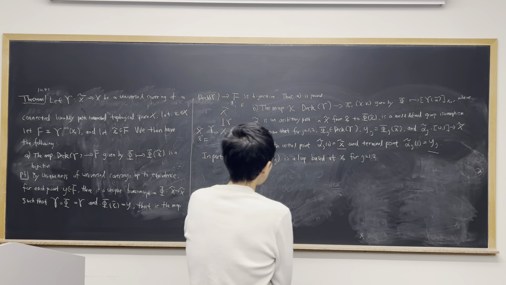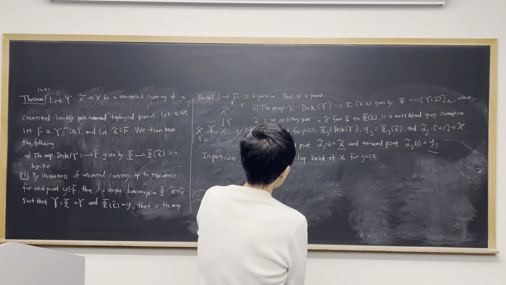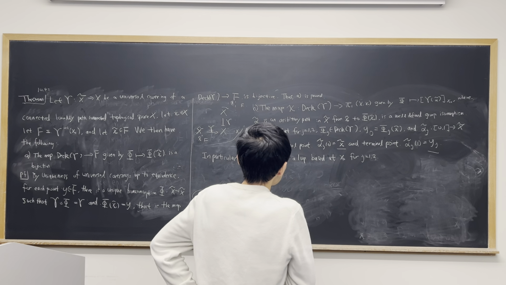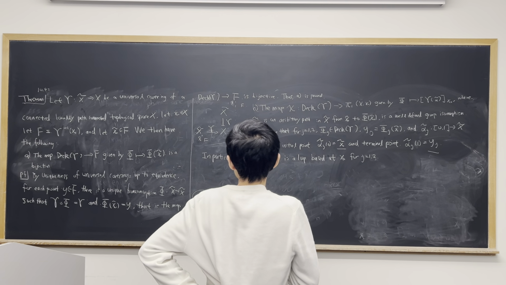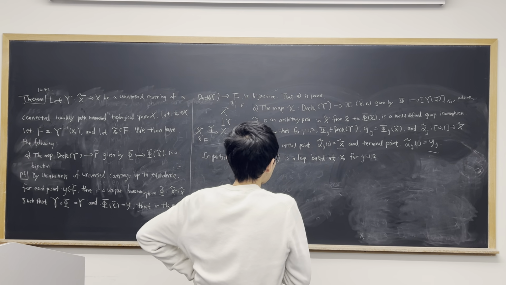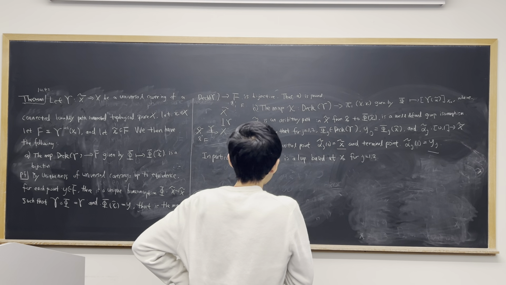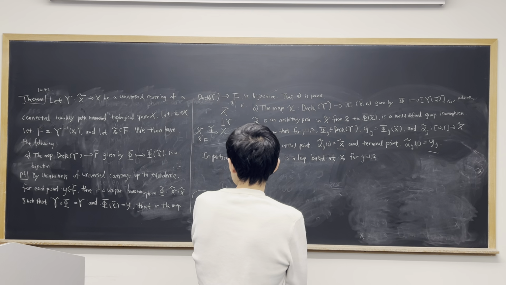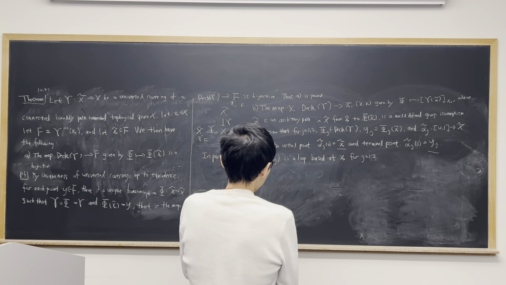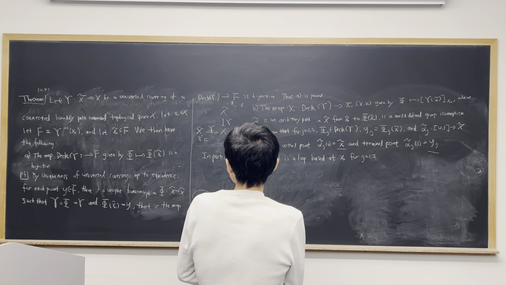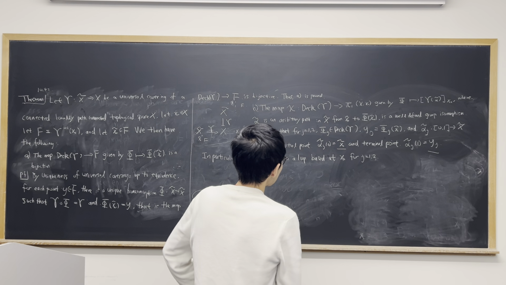So gamma of y_j is equal to gamma of x naught tilde, and this x naught tilde is in F. Okay, so that's what I think is the proof.